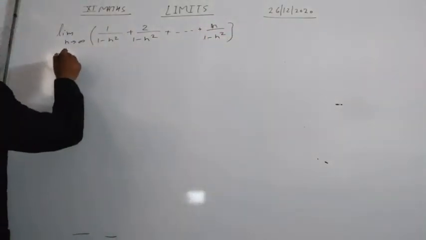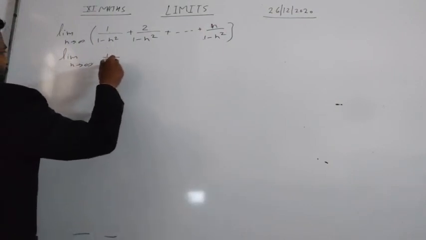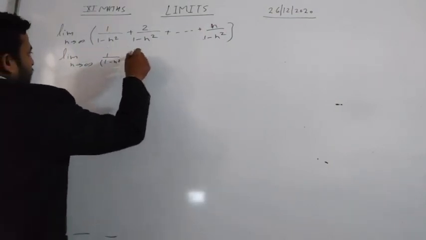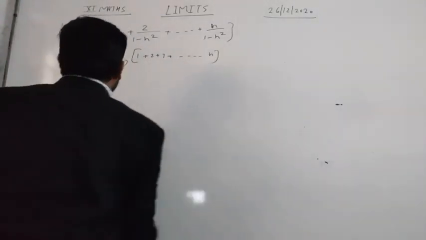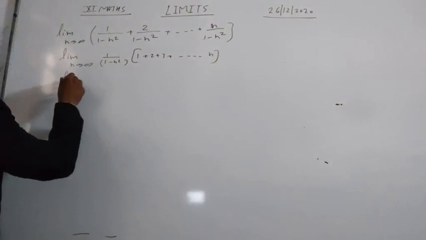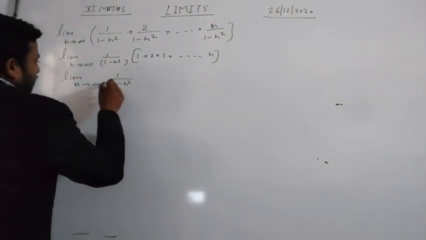Okay, so limit n tends to infinity. Students, we write 1 by (1 minus n square) outside, we get inside 1 plus 2 plus 3 plus dot dot dot n. Okay, and limit n tends to infinity, 1 minus n square.